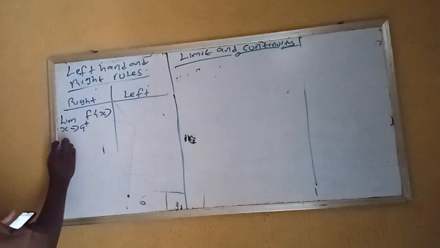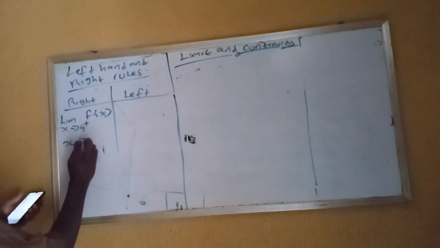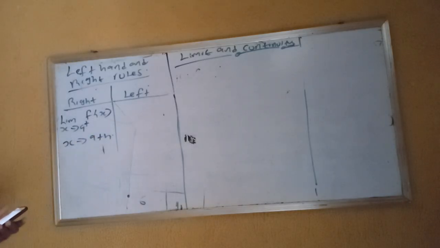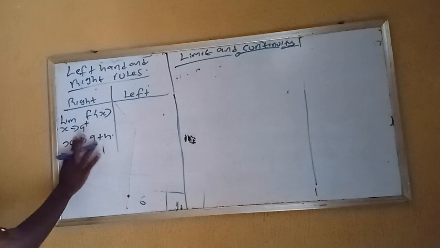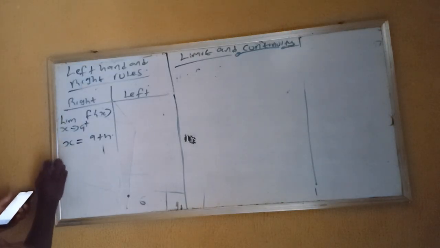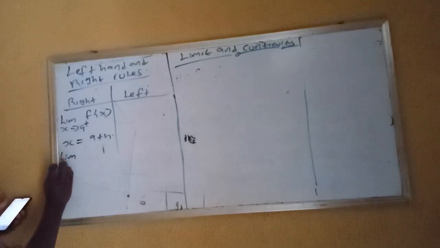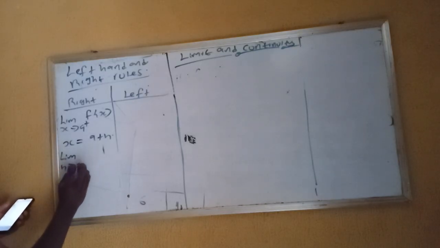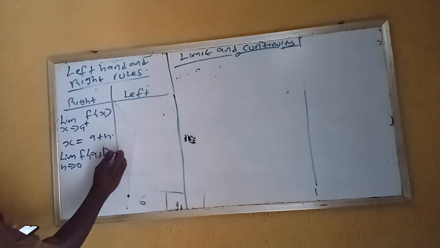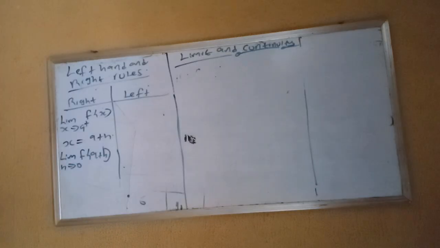The next step is that x tends to a plus h, so your x will be equal to a plus h. And the last step is the limit as h tends to 0 of f of a plus h. This will be the last step you will follow.